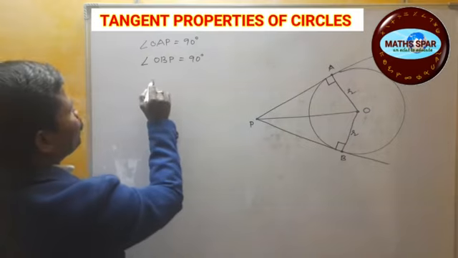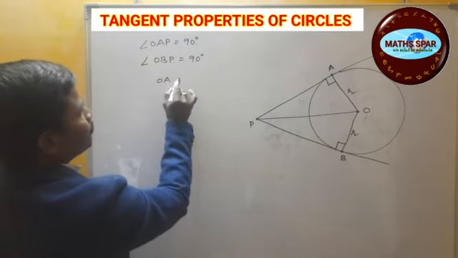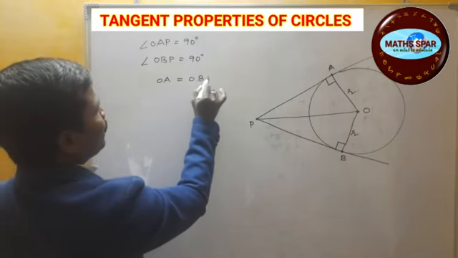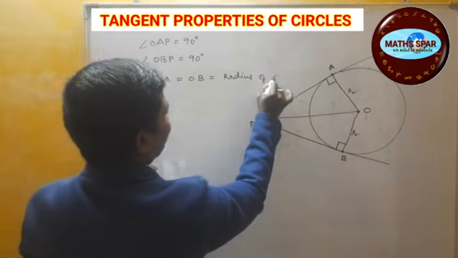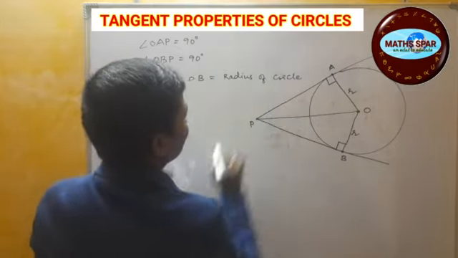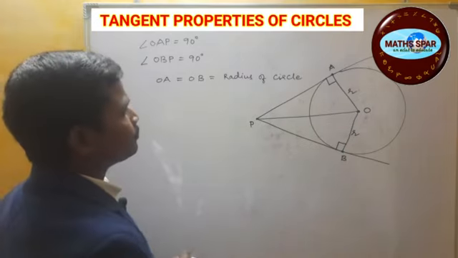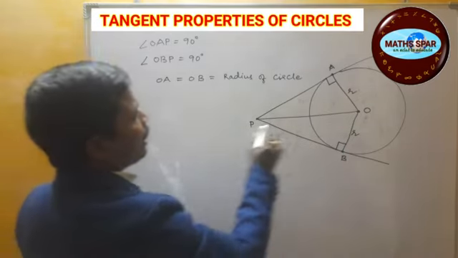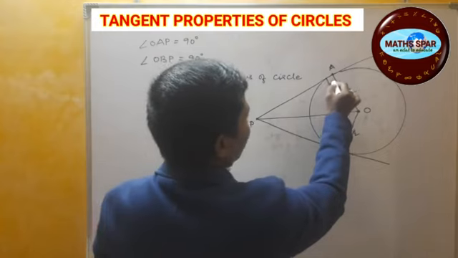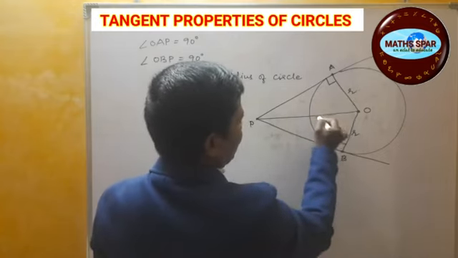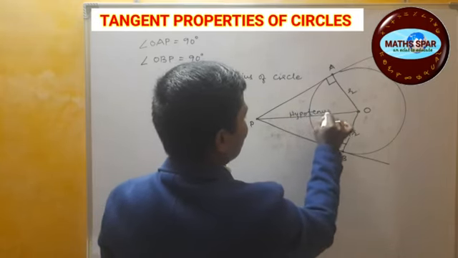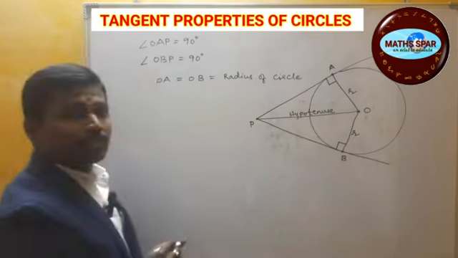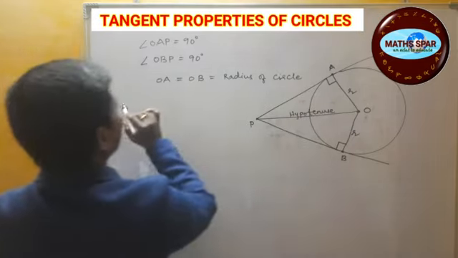Then OA is equal to OB because both are radii of the circle. Then we also have, whatever side is opposite to the right angle is called the hypotenuse, and we have the common hypotenuse for both.